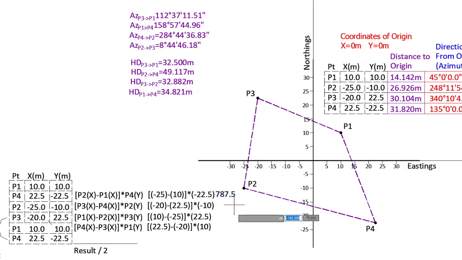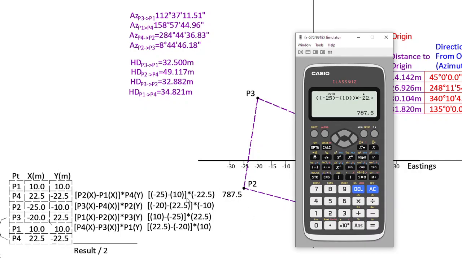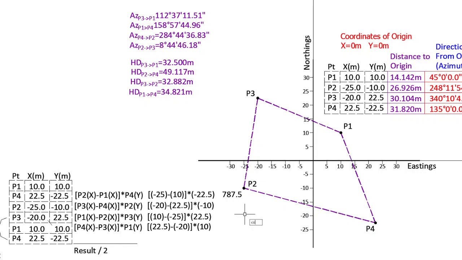Okay, just going to move this value a little bit so we don't get confused. Now I'm going to calculate the following line. So bracket, minus 20, close bracket, minus 22.5, close bracket, times minus 10 equals 425. All righty.